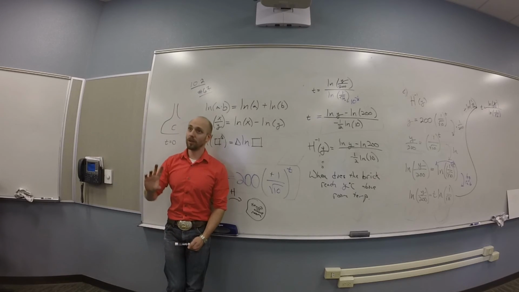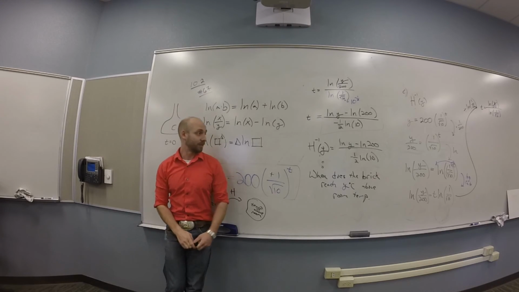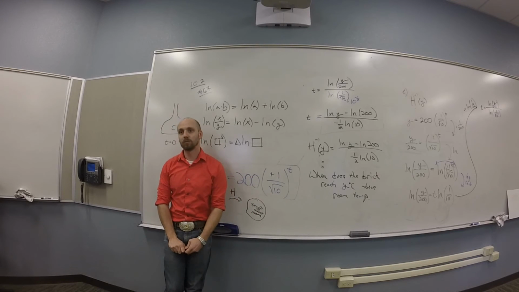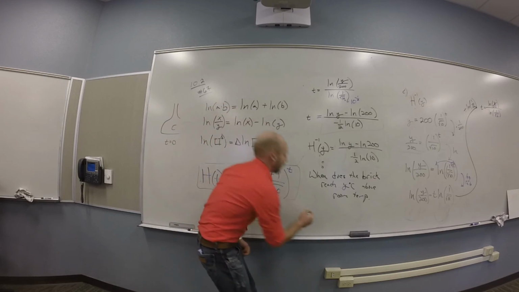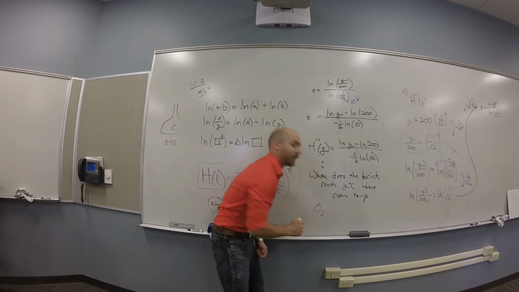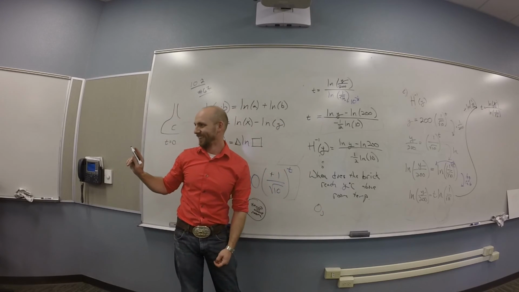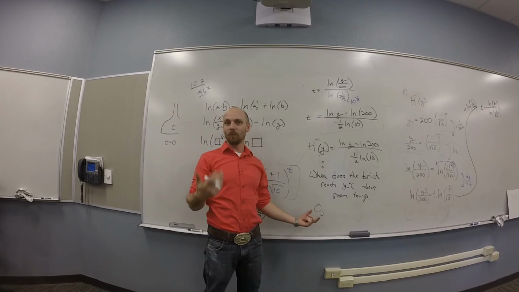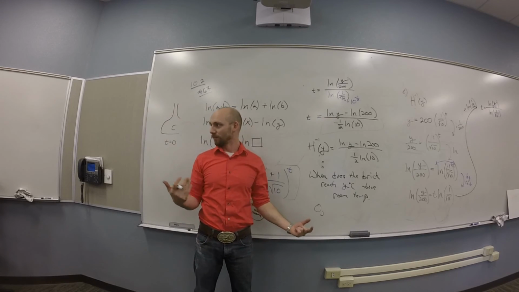How about this? The domain of this thing should be restricted to values between 0 and 2 hours? That's the range. Remember you inversed, you flipped. So I should be saying what degrees can I put in here, right?